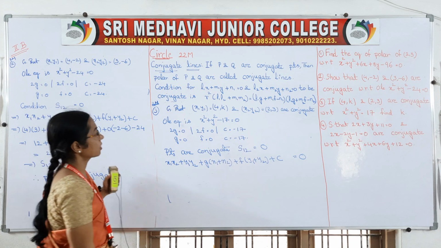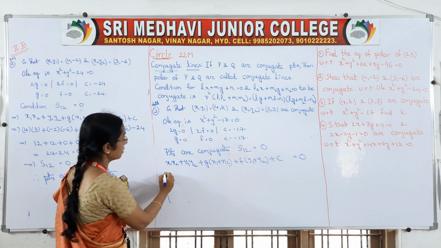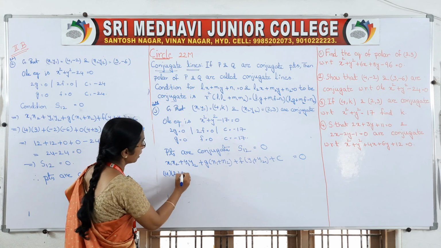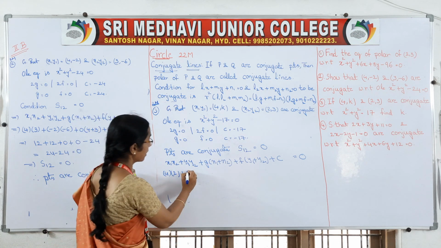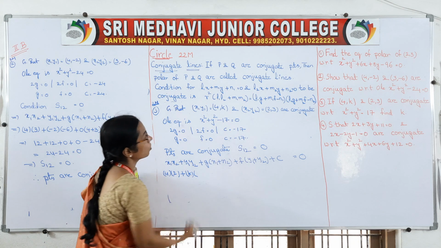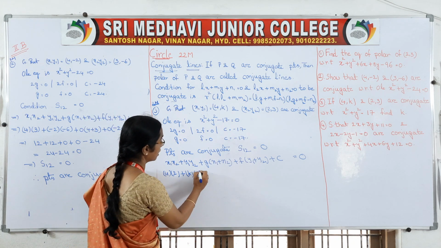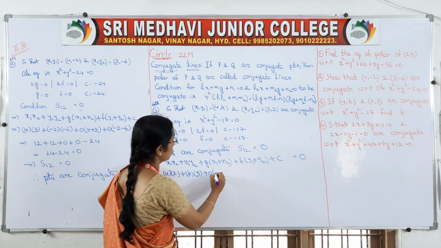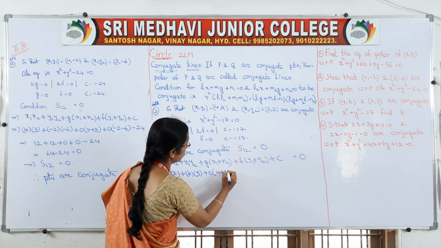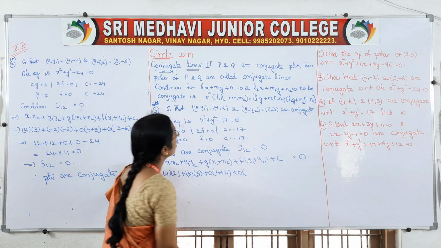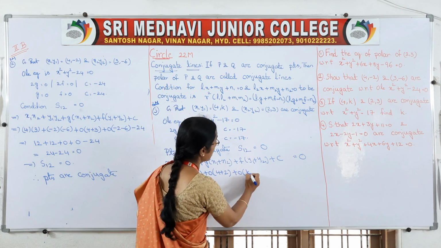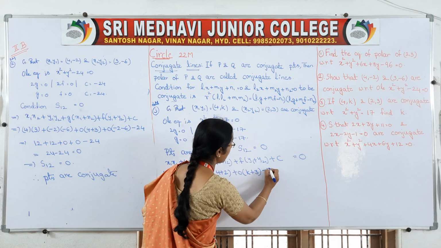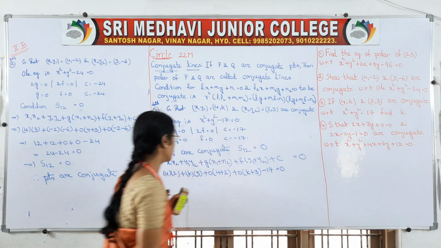Come on, substitute. x1 is 4, x2 is 2, y1 is k and y2 is 3, plus 0 into x1 plus x2, that is 4 plus 2, plus 0 into y1 plus y2, k plus 3, and c is minus 17, is equal to 0.